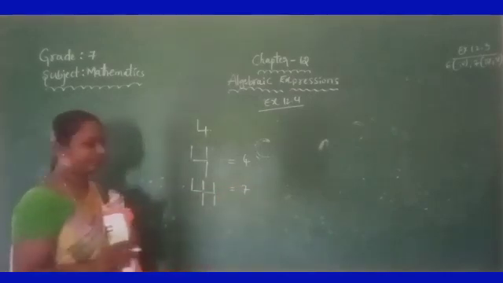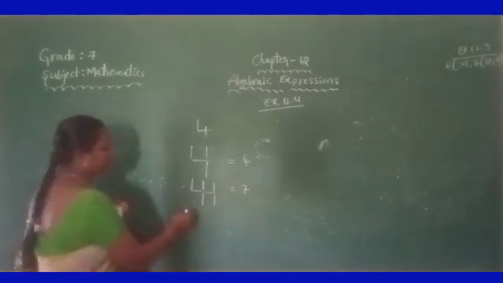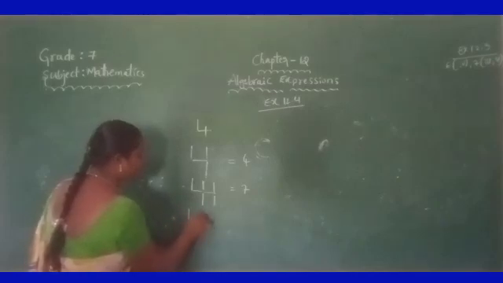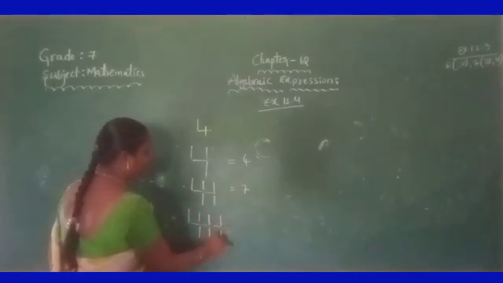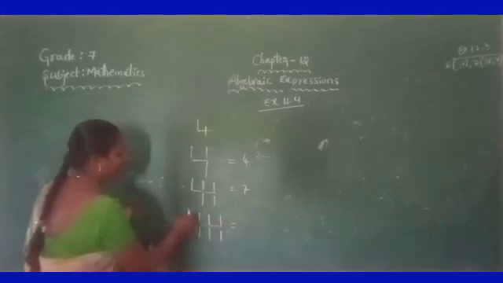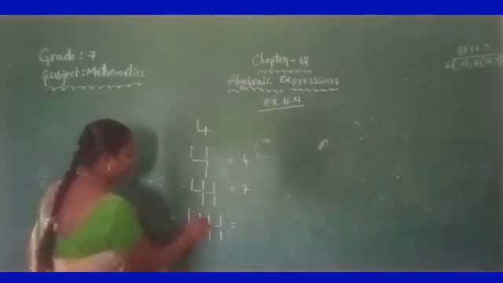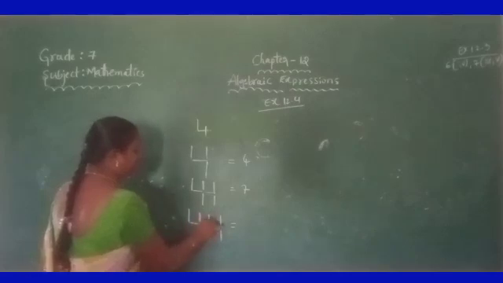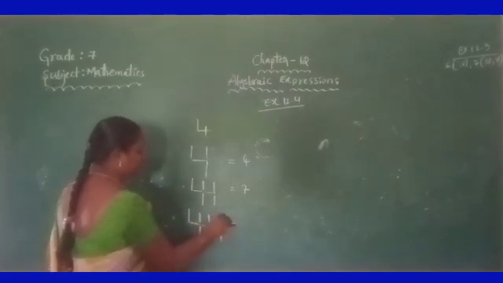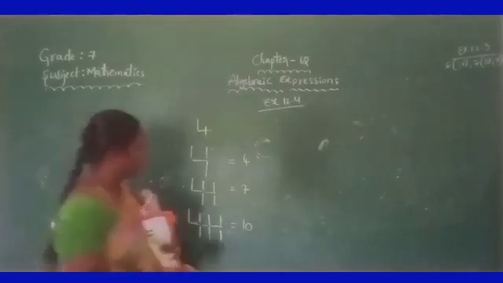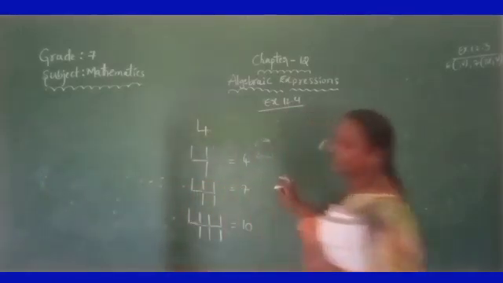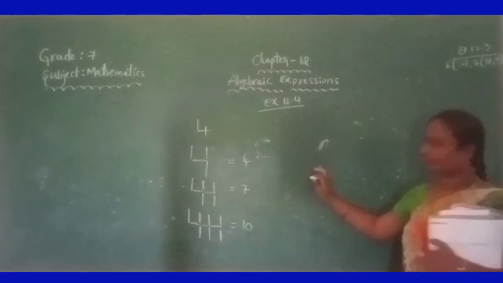Okay, listen first. Like that, if you want to form 3 fours, how many line segments will be required? Count here: 1, 2, 3, 4, 5, 6, 7, 8, 9, 10. So 10. That means here is how the pattern follows.